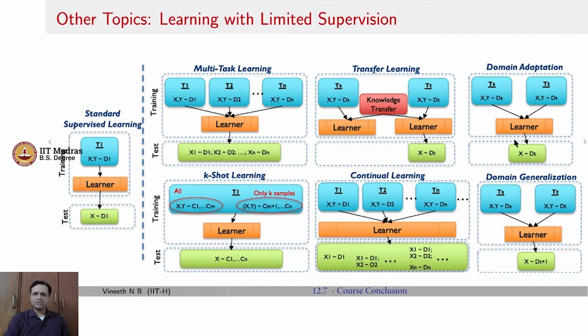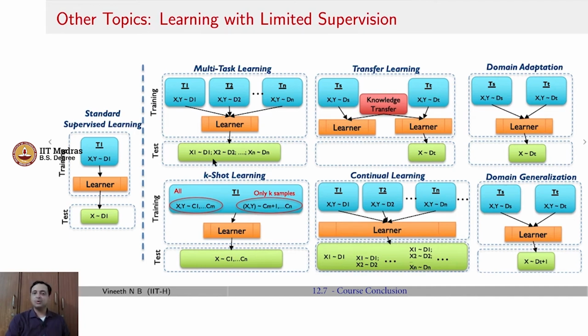A variant or a generalization of this idea is also called domain adaptation, where in the source domain you don't necessarily learn a model, but you directly use the source data to train a model which performs on the target domain. Domain adaptation, when you see the diagram, looks similar to multitask learning, but there is a subtle difference.